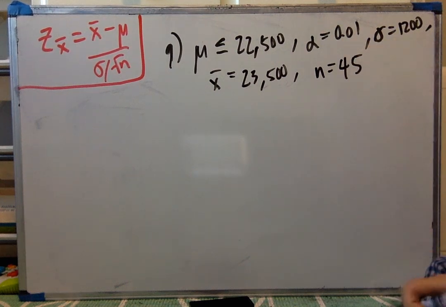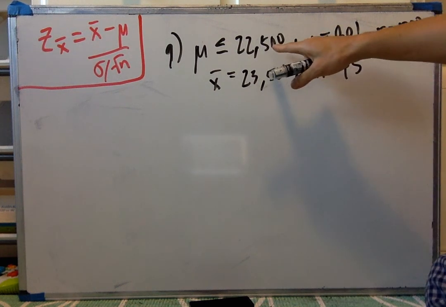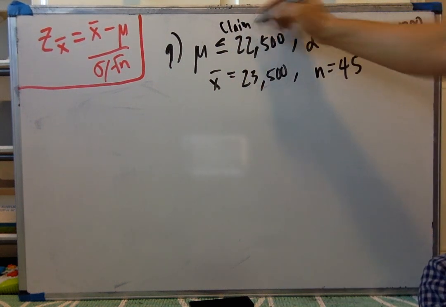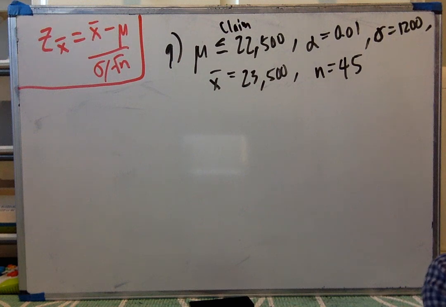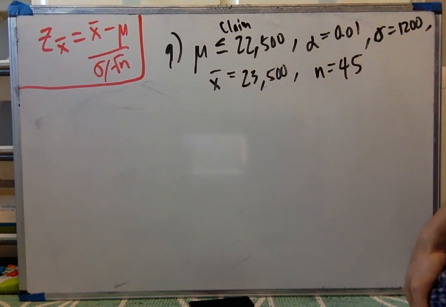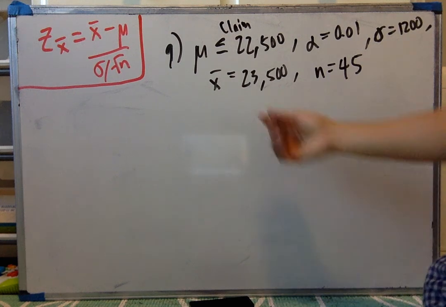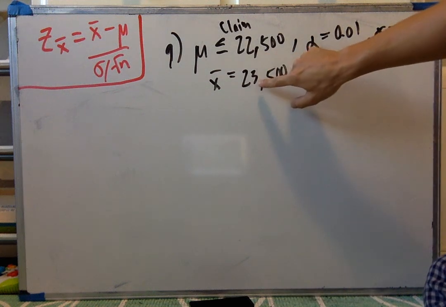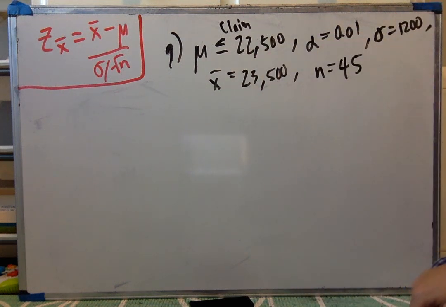Before we do anything, let's guess what we think is going to happen. The claim is that the average is less than that value, but I got an average that's above the value, so it seems like we're going to end up rejecting the claim. But it depends how far away this one is. To me it looks pretty far, because this is 1,000 higher. So it seems pretty unlikely that this is a true claim. It seems like we're going to reject the claim.